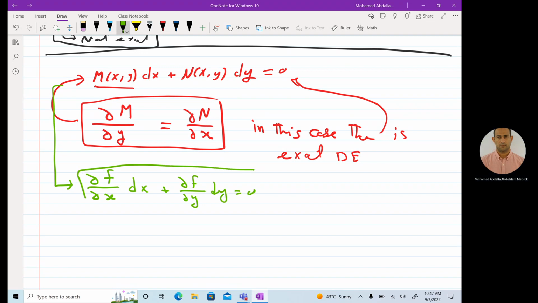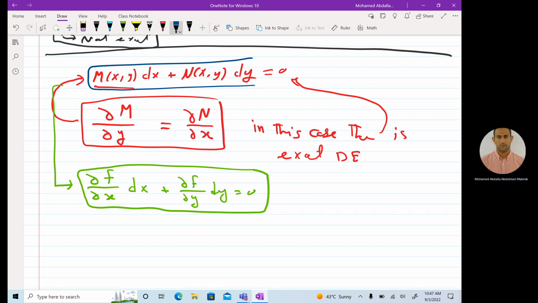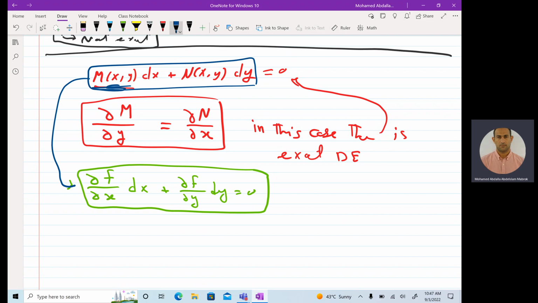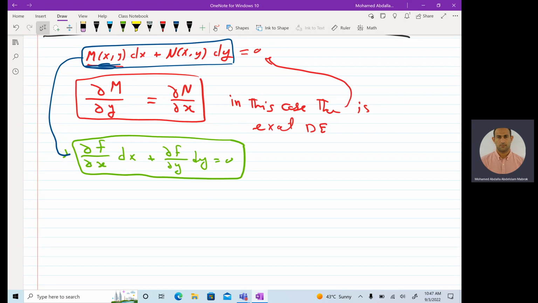So this is just another way of writing this differential equation, where M is just this and N is just this. To solve it, we need to recover the f. We need to find f of x and y equals 0 or equals c. This is the solution, a relationship between y and x that satisfies this differential equation.